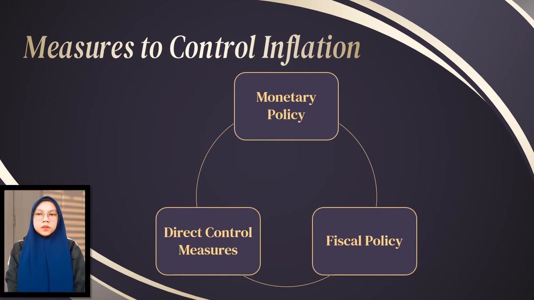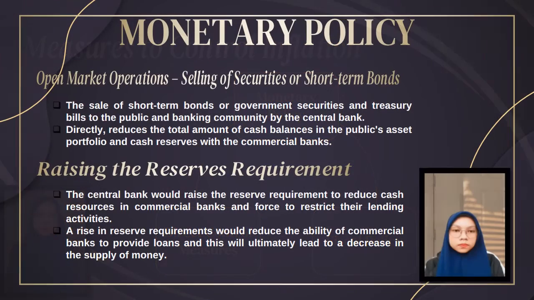Here are the measures to control inflation. There are three methods, which are monetary policy, fiscal policy, and direct control measures. Monetary policy. First, open market operations, selling of securities or short-term bonds.